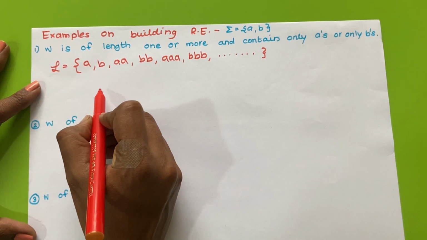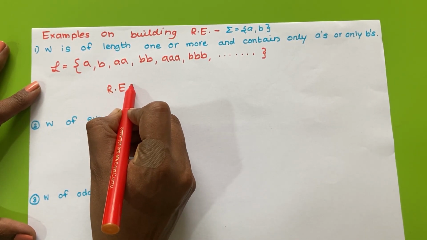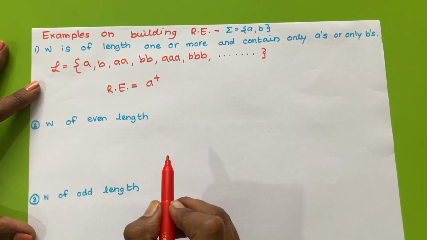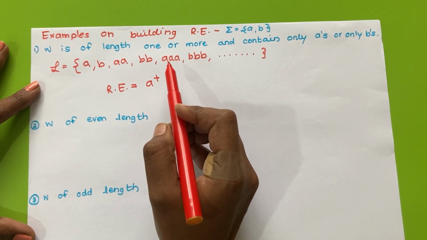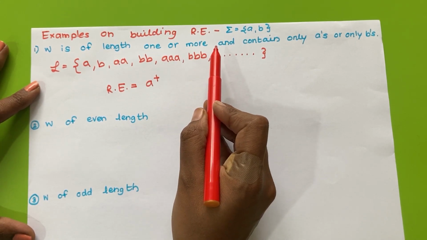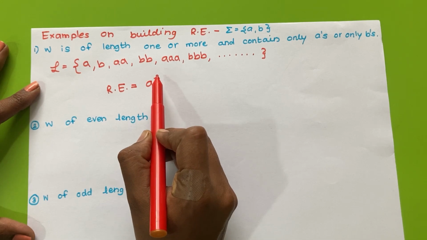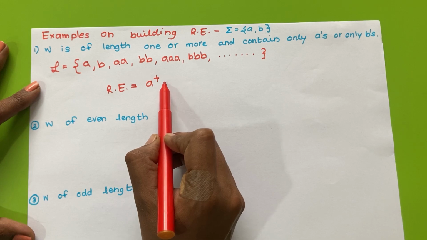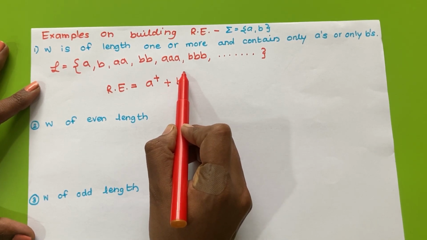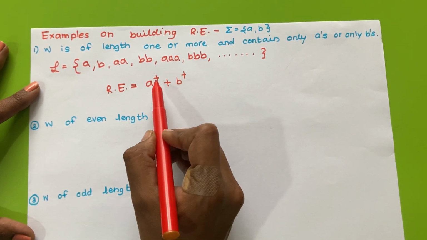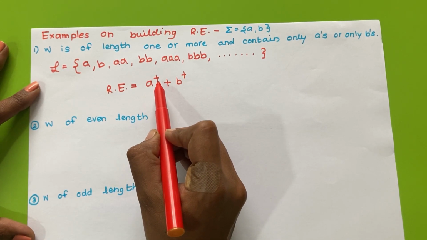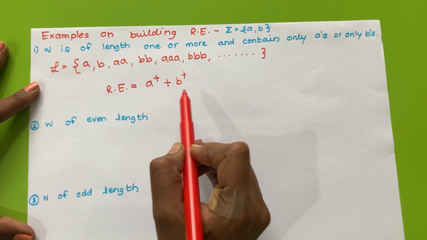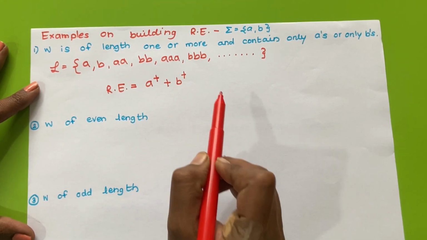So how can I write this? One or more times A means A raised to plus. This will not be a Kleene closure because we want one or more times. Plus means one or more times. This is nothing but positive closure. So A raised to plus or B raised to plus. It means either we can have one or more times A or one or more times B. So this is our final regular expression.